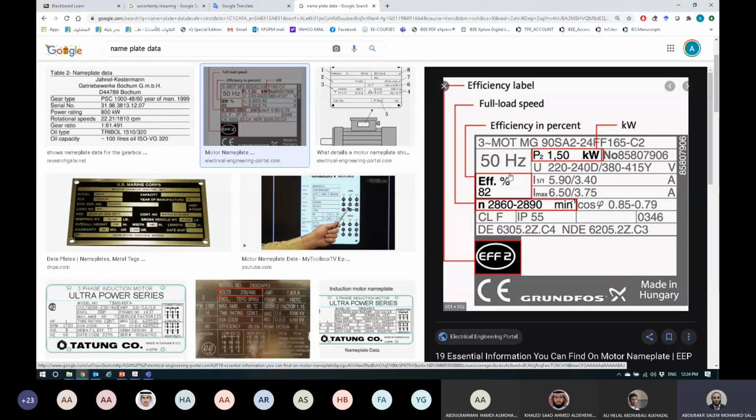Also, there is another value for current called the maximum current, not the rated current. Maximum is the critical value: if the device is working at that value, the machine will be burned. So you cannot operate the machine at maximum values, but you should operate the machine at rated values. Guys, is the meaning of rated clear now?